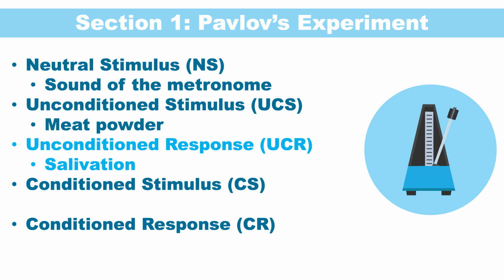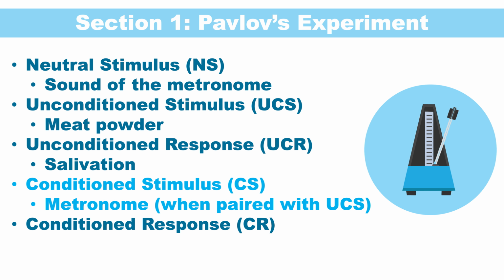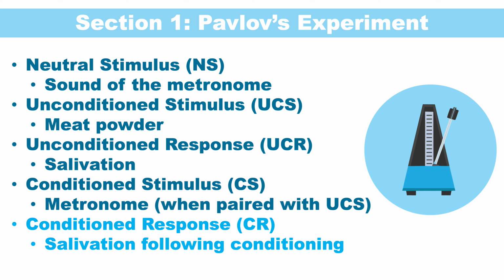The dog's salivation in response to meat powder was automatic and unlearned, hence the unconditioned response, or UCR. After repeatedly pairing the metronome, or NS, with the meat powder, the UCS, the metronome then became a conditioned stimulus, or CS. Eventually, the metronome alone triggered salivation, which now became a conditioned response, or CR.